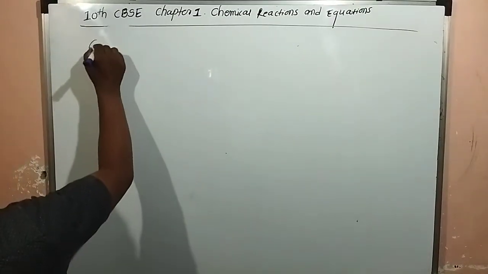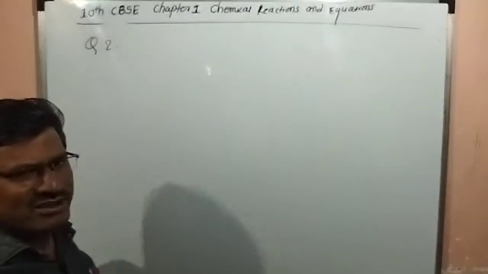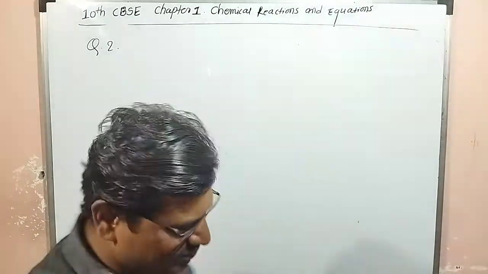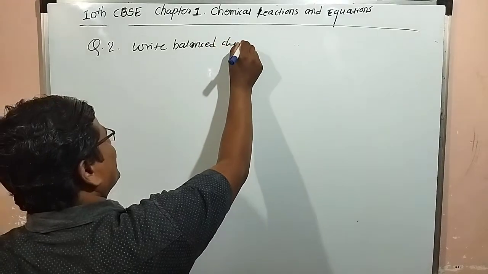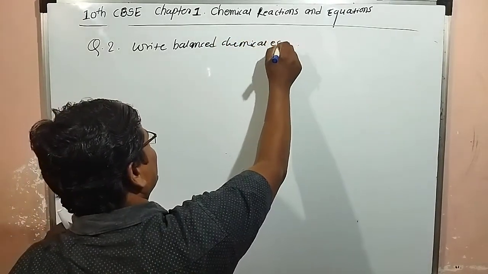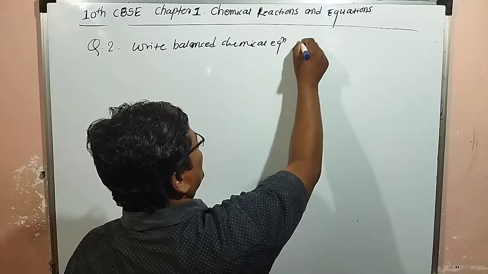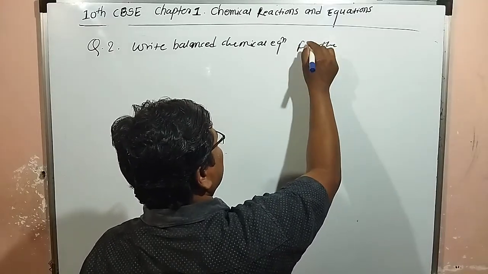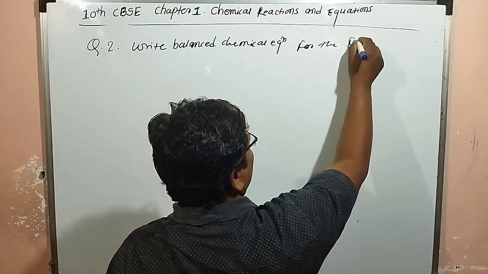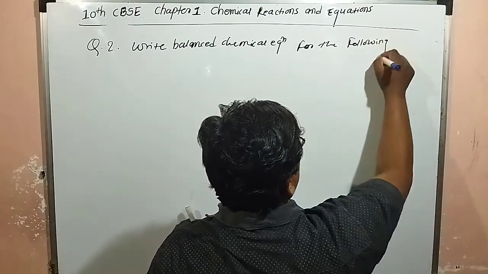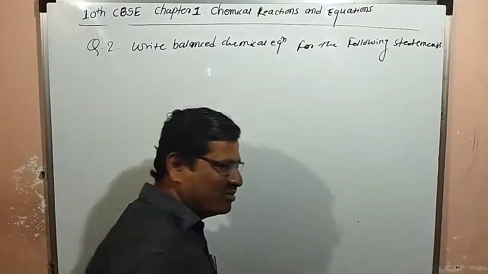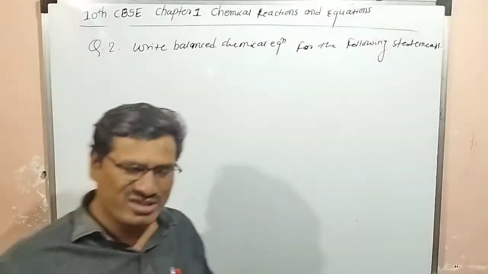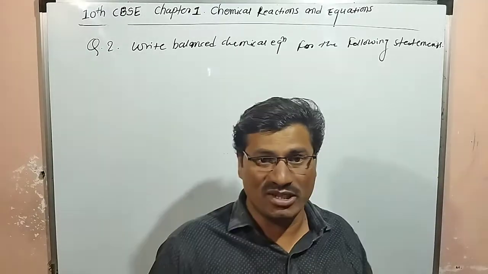Question number 2: write balanced chemical equations for the following statements. Some word equations are given, and you have to write balanced chemical equations.